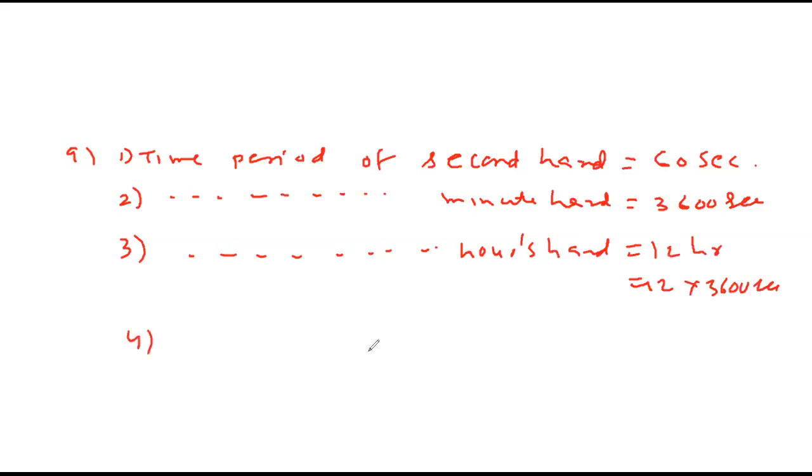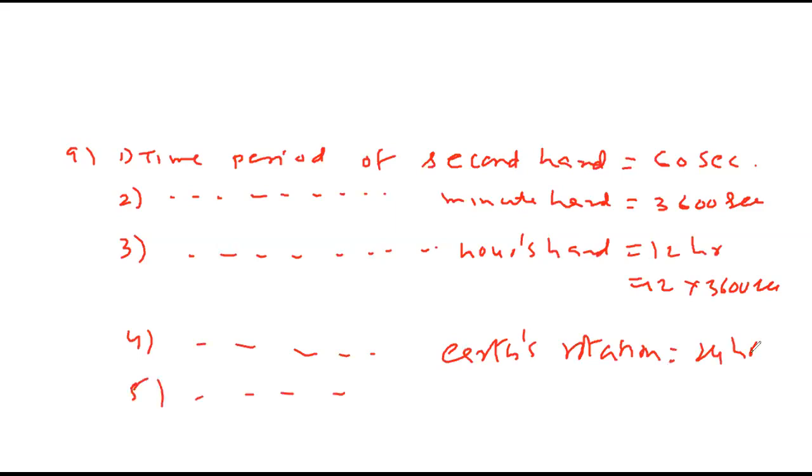Then what is the time period of Earth's rotation about its own axis? 24 hours, then into seconds. And Earth's revolution? 365 days into 24 hours. We'll convert afterwards, but this much you have to remember. Just copy these 5 things.